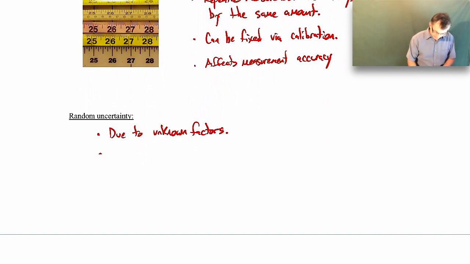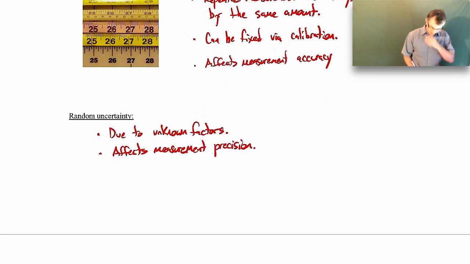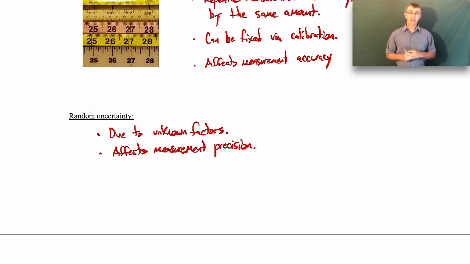Random uncertainty affects precision. In other words, when we make our measurement, the points get scattered because of this randomness. And if we have small random uncertainty, then our measurements are all tightly grouped together and we get very repeatable measurements.